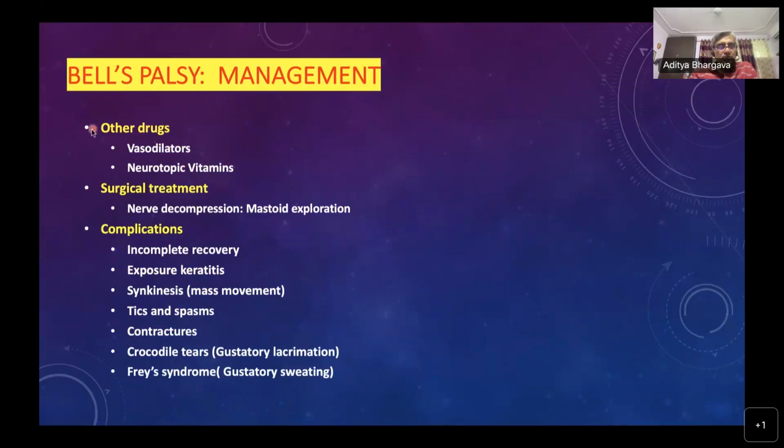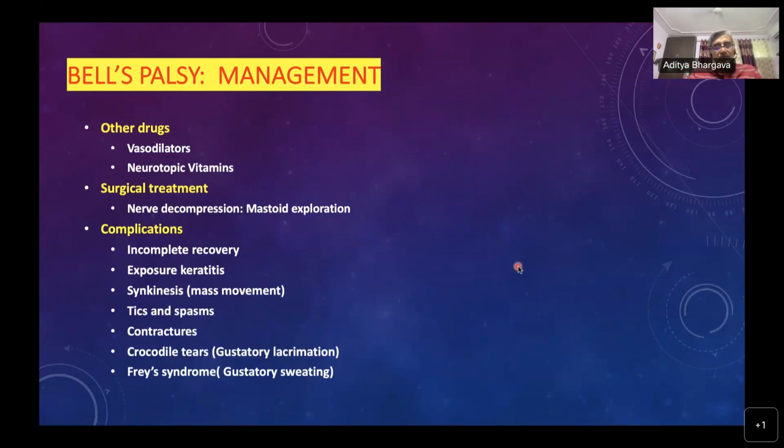This doesn't hold any evidence in the books or in the journals. Neurotropic vitamins like B1, B6, B12. These are very good for private practitioners because a number of drugs will certainly impress the patient, and I don't think there is any harm in giving a trial of these drugs.